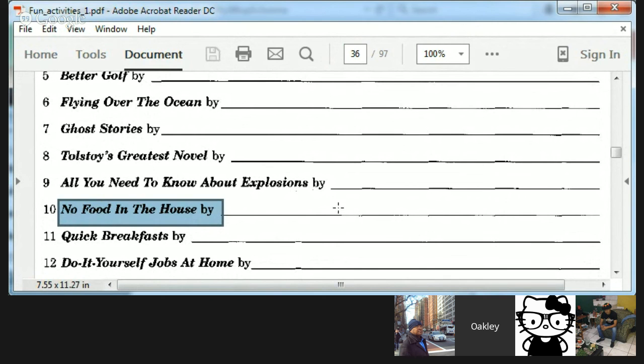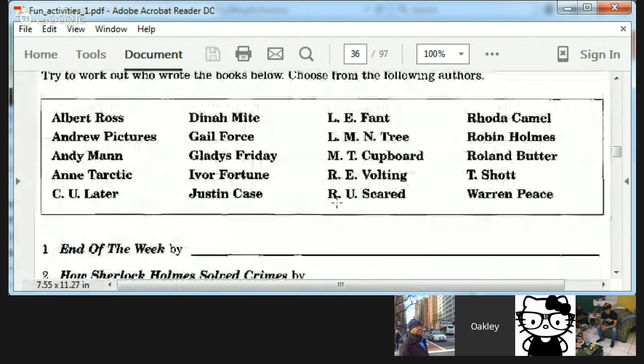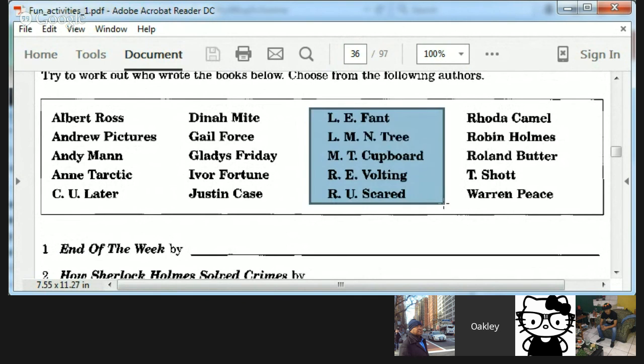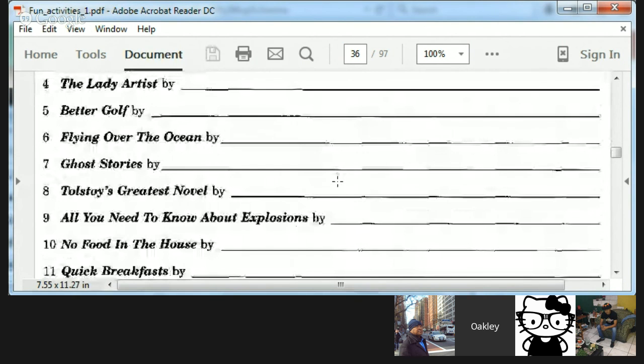No food in the house by... The third group. No empty food in cup. There you go. Empty cupboard. Of course, sounding like empty. Empty cupboard. That's it. You got it. Okay, Heidi.